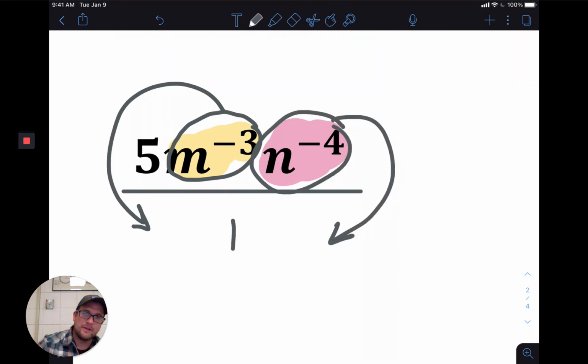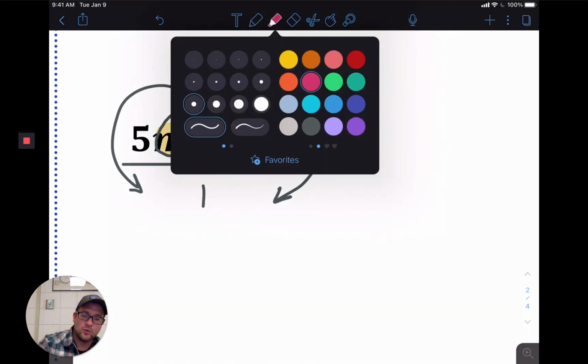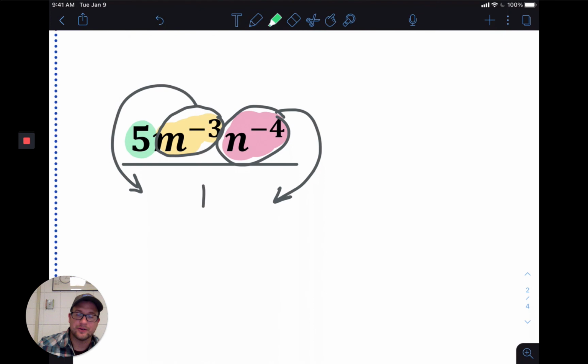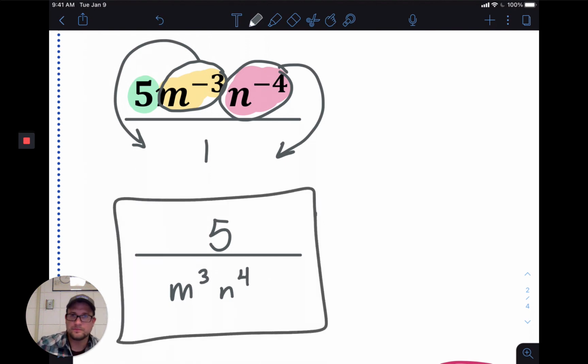And when you move it to the bottom, that exponent is going to become positive. Now, notice one thing. We did not move the 5 here. The 5 is going to stay on top of our fraction because the 5 did not have a negative exponent. So on the bottom, we'll now have m to the 3rd and n to the 4th. And we're done. That's it.